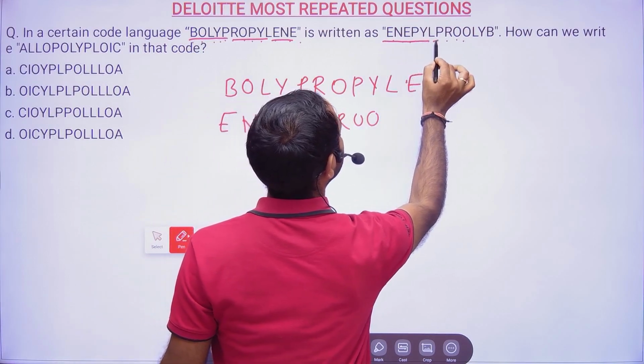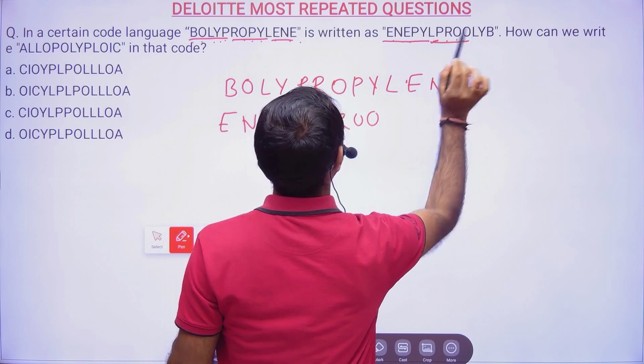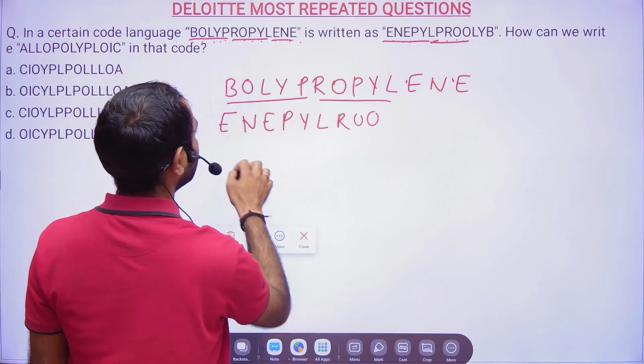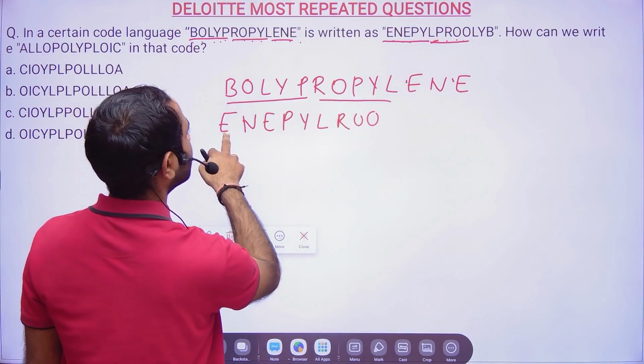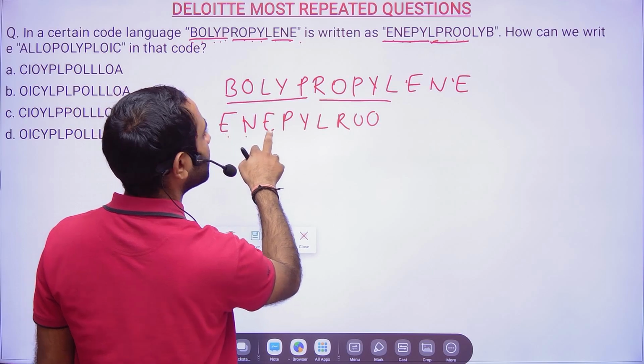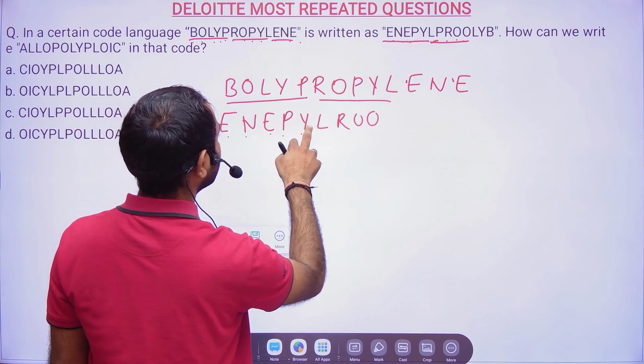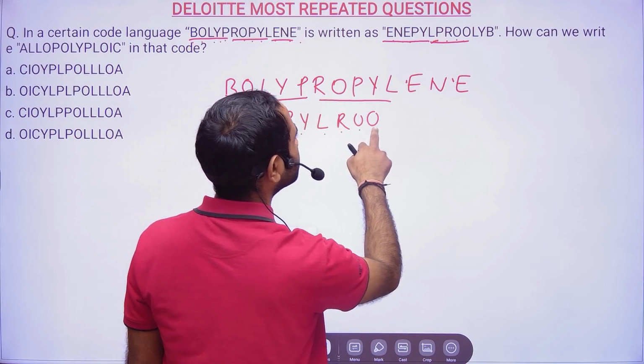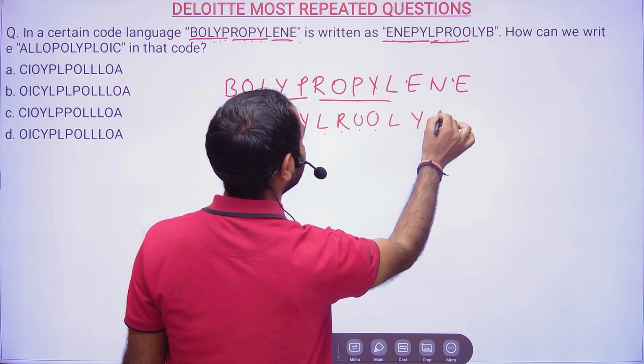Then where is it less? So E, N, E, P, Y, L, R, O, O, L, Y, B.